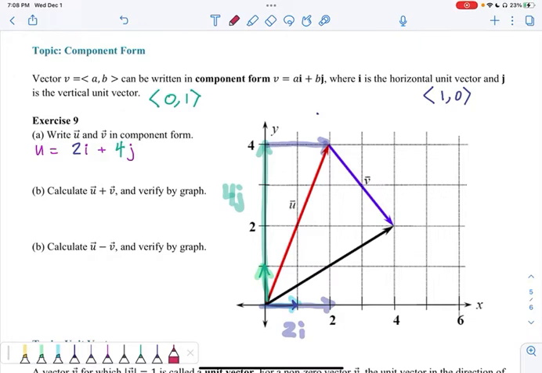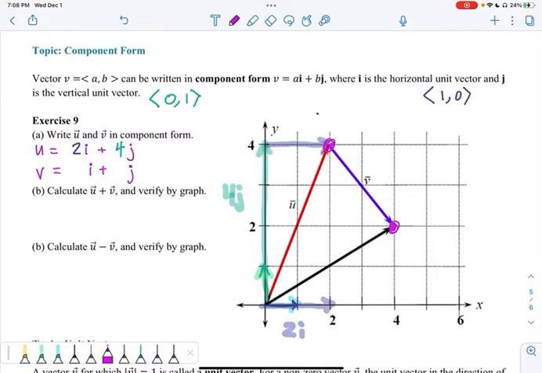So then how could I write this vector v in component form? Let's try that one. What would v be? If I'm looking at where v starts and where v ends, how would I think about the combinations of these little unit vectors that are either horizontal or vertical?